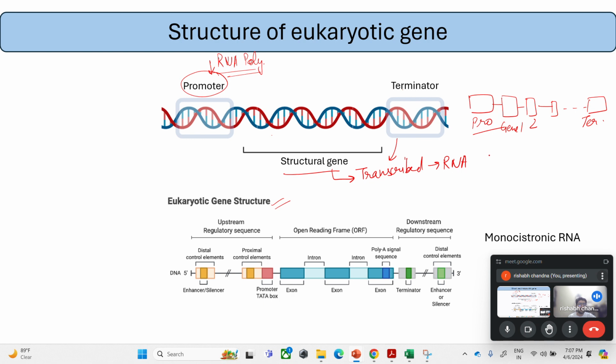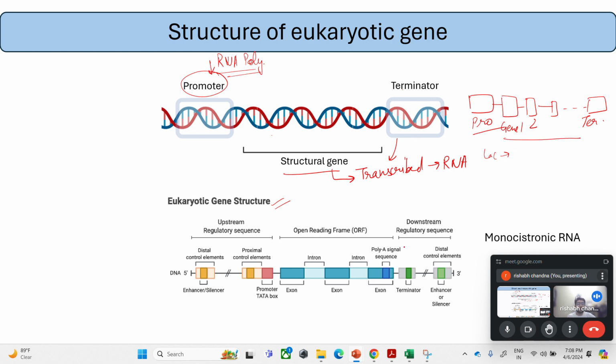For example, in the lac operon, we have genes that help in metabolism of lactose, and in tryptophan we have genes that produce enzymes linked to the production of tryptophan. So similarly, all genes that function in a similar pathway are linked together to form an operon.